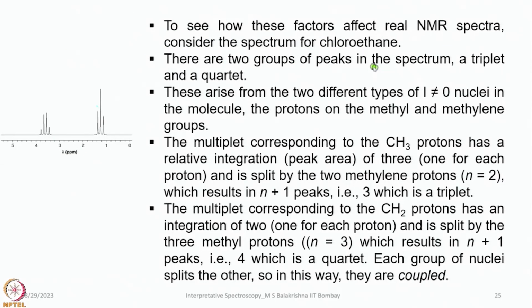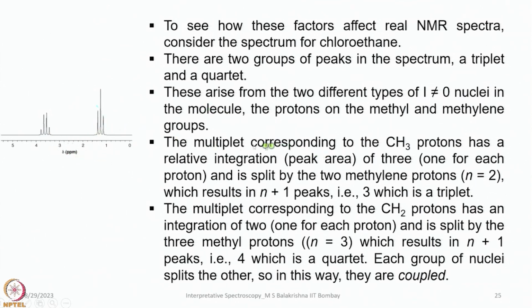To see how these factors affect real NMR spectra, again I am considering chloroethane. There are 2 groups of peaks in the spectrum, a triplet and a quartet. These arise from the 2 different types of I equals non-zero nuclei in the molecule, the protons on the methyl group and the protons on the methylene group.